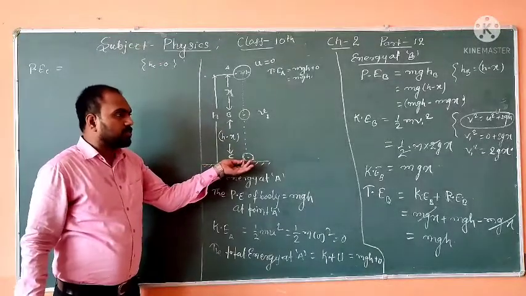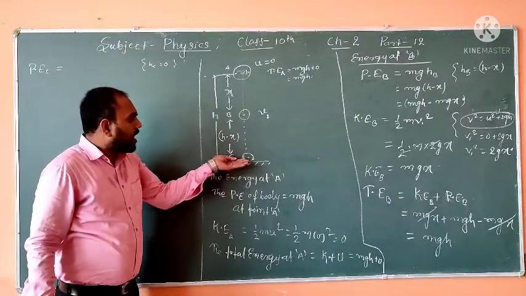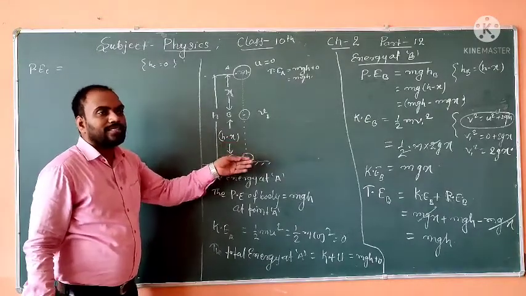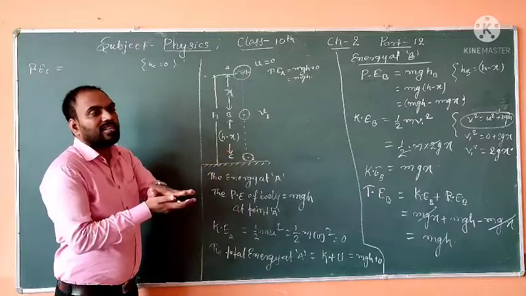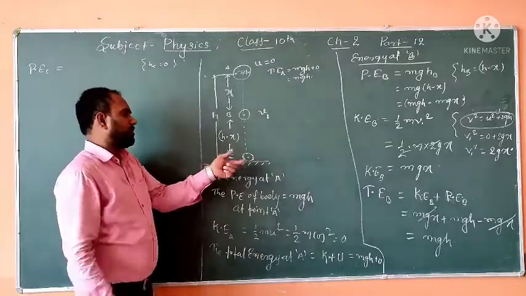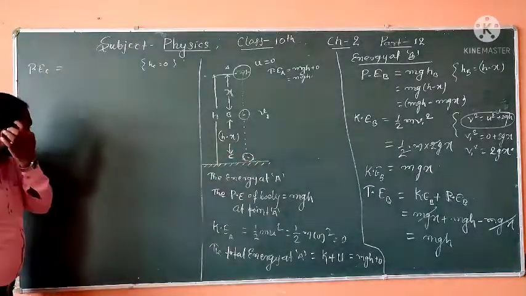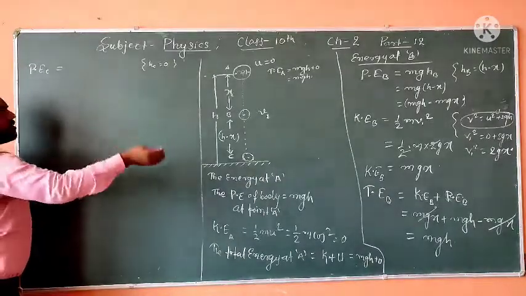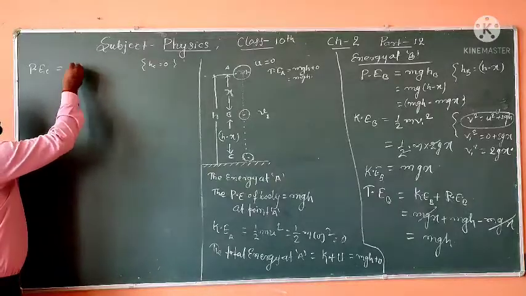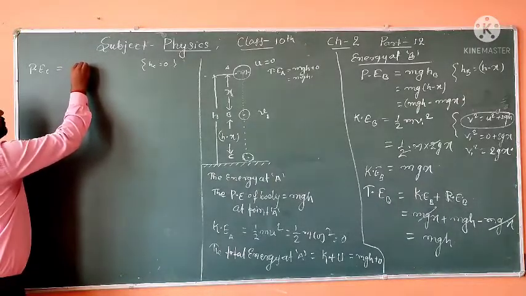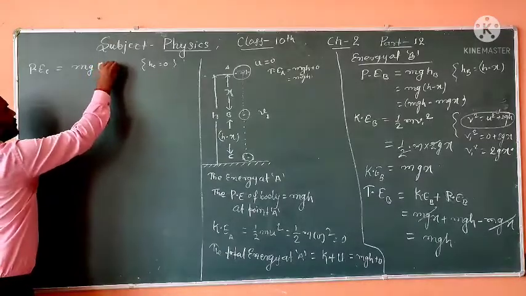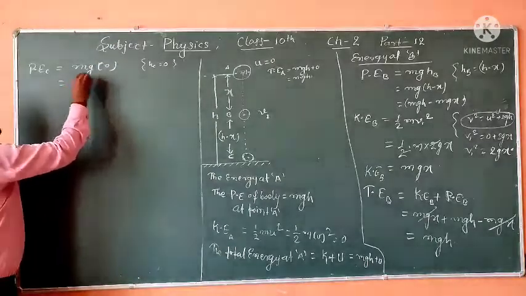Here your assumption should be that the height of point C from the ground is 0, meaning point C and ground are slightly in contact. Okay, so there potential energy will be 0. So mgh should be taken as 0.